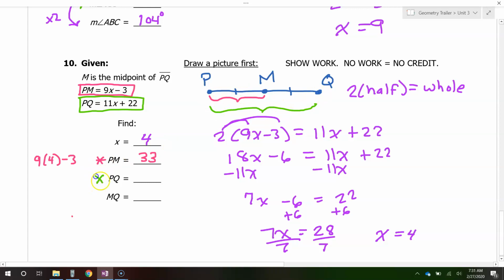So when I do PQ, I could use this formula again, or I could simply double it. And that would make 66. And then what about MQ? Here's MQ right here. MQ is half. PM is half. These two are equal. So if PM is 33, that means MQ is also going to be 33. So I'm just copying this right there.